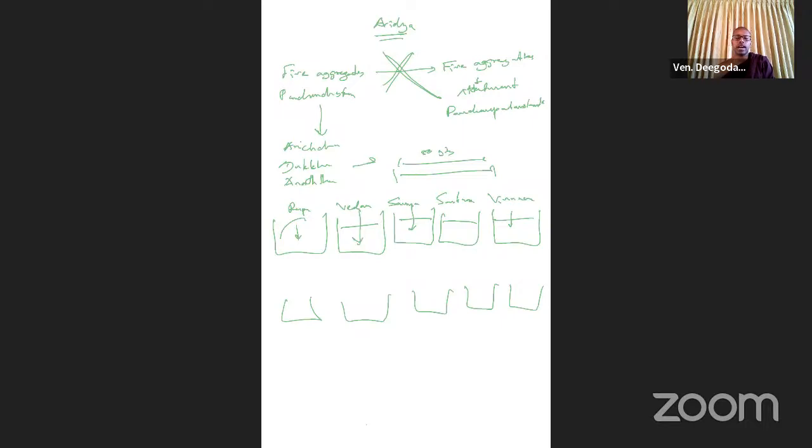They had 20 viewpoints based on this Pancakkandha method in finding where the Atma is. One set of people said Rupa is the Atma, and another set said no, Atma is the Rupa, and a third set said Rupa is inside Atma, and the final set said Atma is inside Rupa.